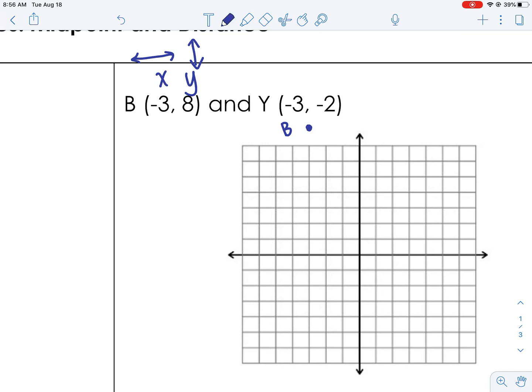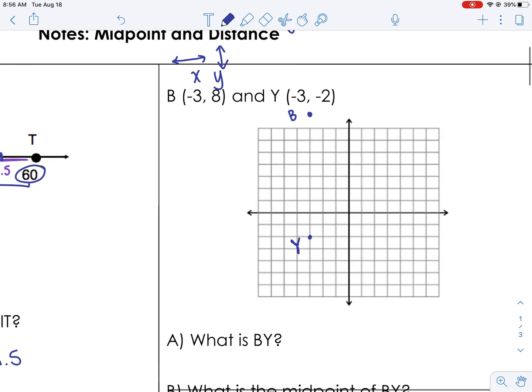So Y is at -3, -2. So now I'm going to go left 3, down 2, which would be right there, and I'm going to label that Y. And so then, what is the distance? What is BY? So what is the distance from B to Y? I can count. But also, if you just remember that this is at -3, 8, and that this is at -3, -2.